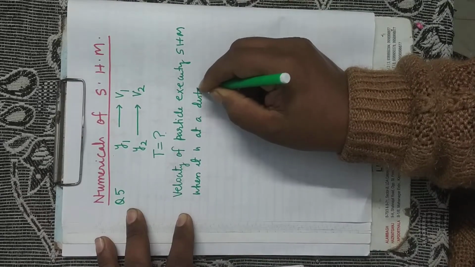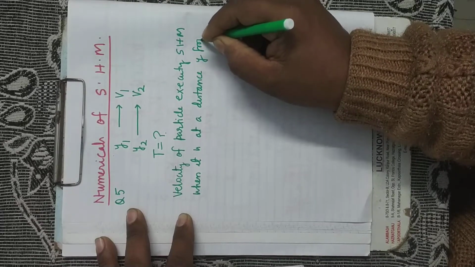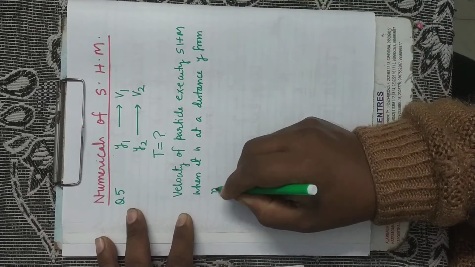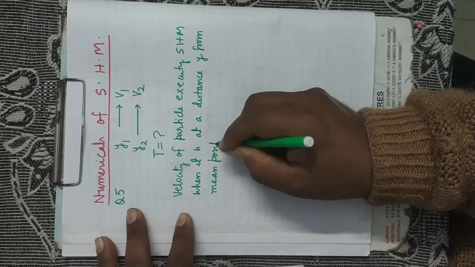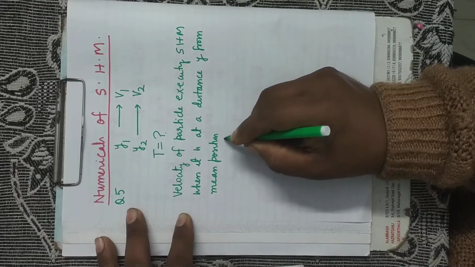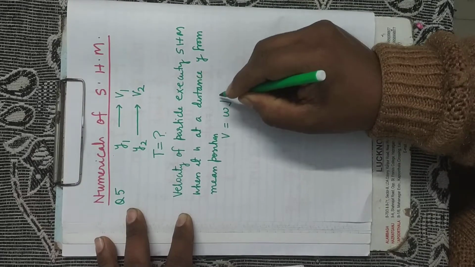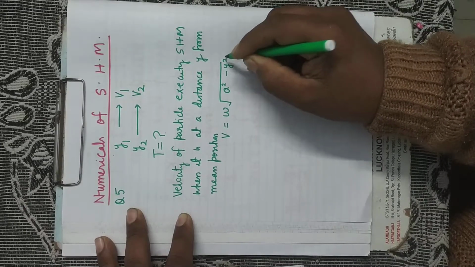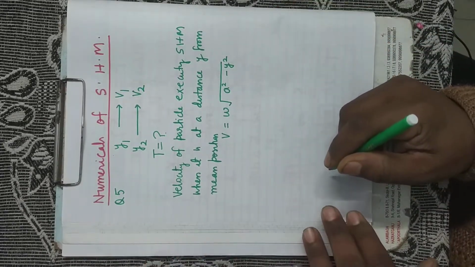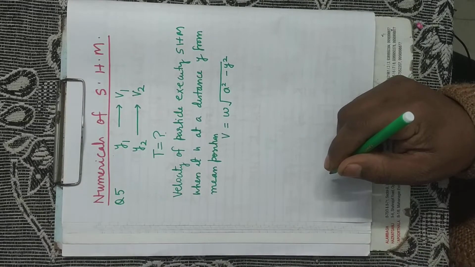So see here, V equals omega root of a square minus y square. Here a is amplitude and omega is angular velocity. It is clear. A is amplitude and omega is the angular velocity.